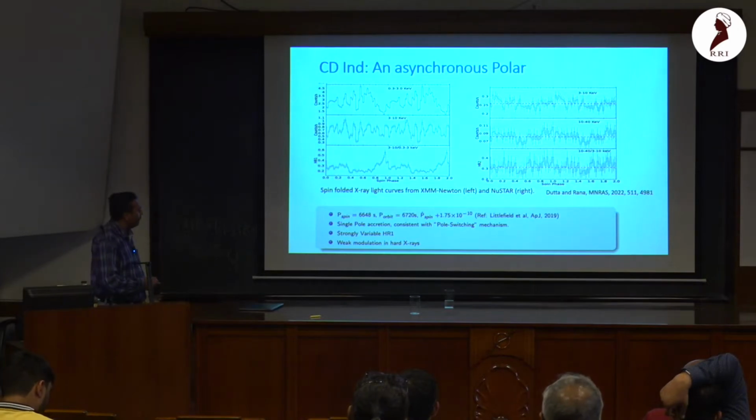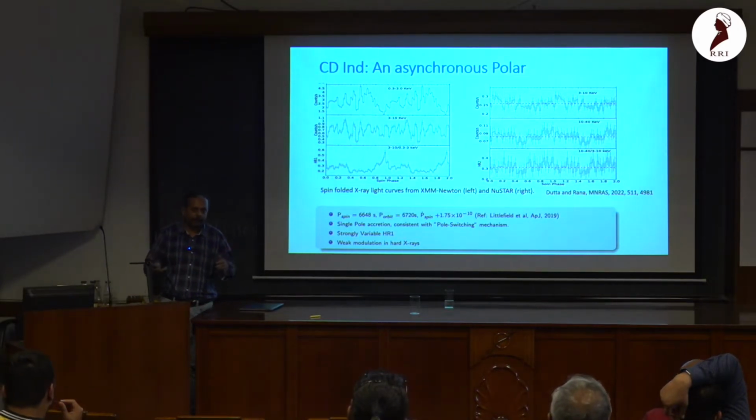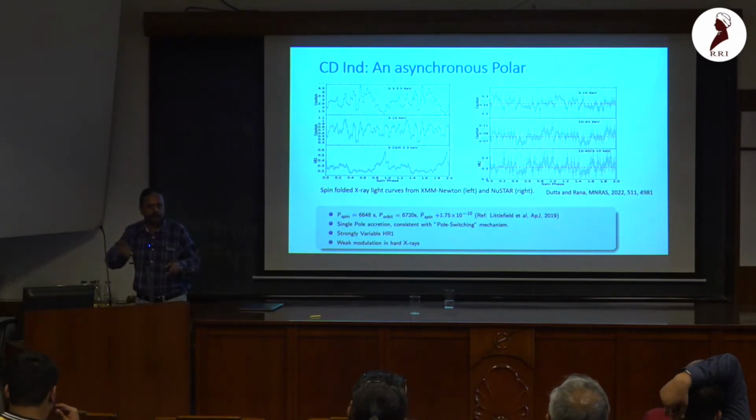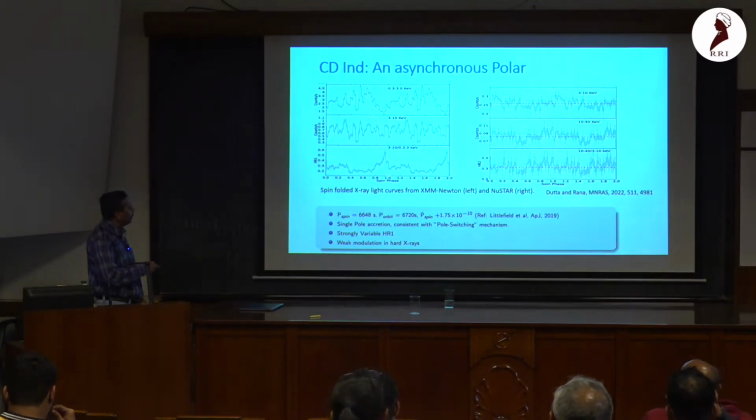Okay, and when you look at the light curve, basically the count rate versus time, the intensity of the source as a function of time, and if you try to fold that on a known period, you will see this. This is something called a phase folded light curve. So you will see a lot of dips and peaks in the light curve.